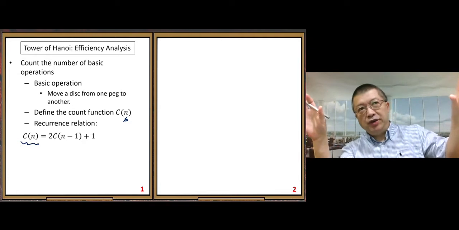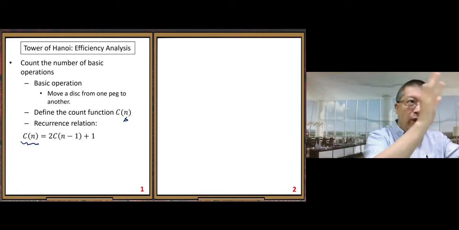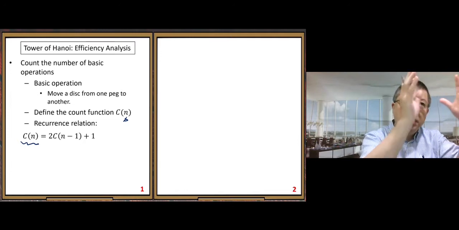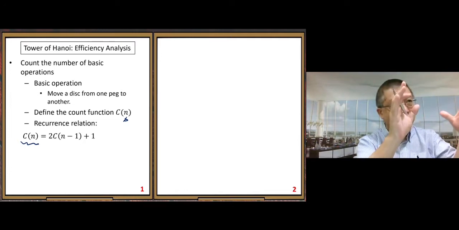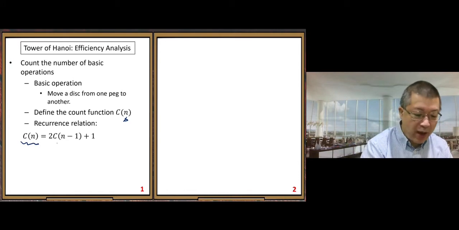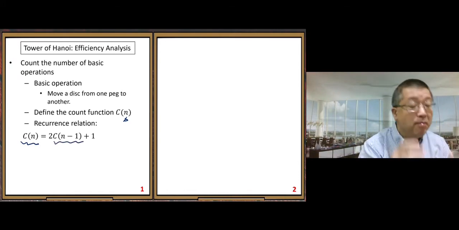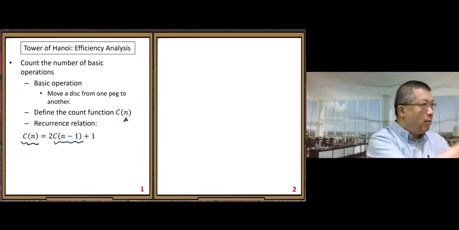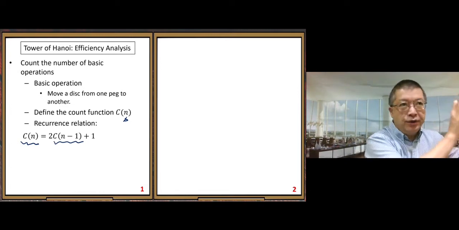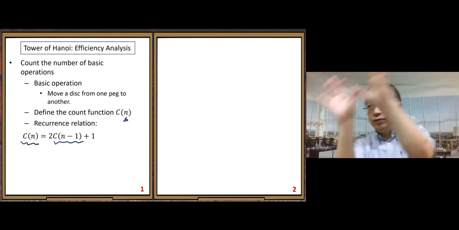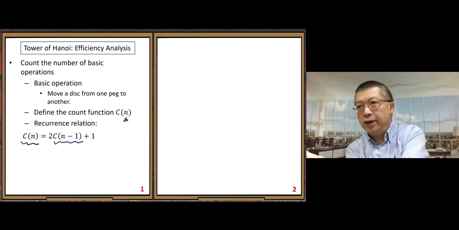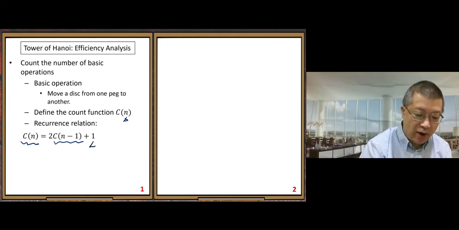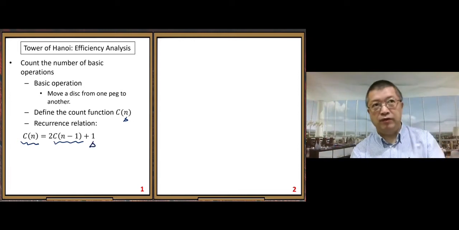In order to represent the count for problem size n, recall the procedure. First, we need to solve problem size n-1, so we pay C of n-1. After that, we move the bottom largest disk to the destination peg, make it in place. That is just one move.